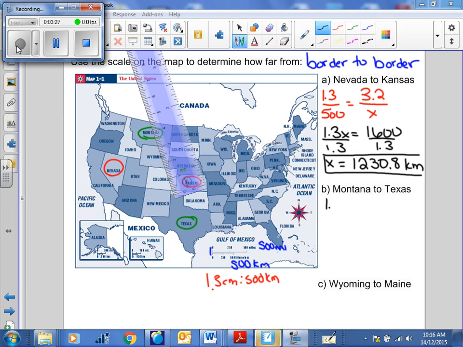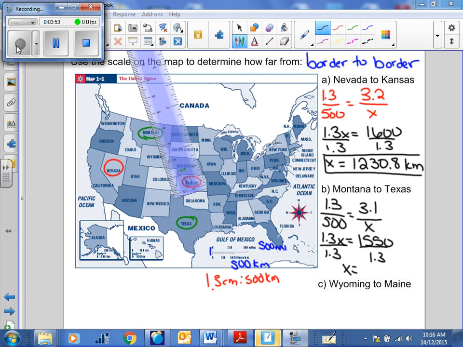So I do my same conversion, but now I put 3.1 with the centimeters, x on the bottom. And now I cross multiply. 1.3 times x is 1.3x. 500 multiplied by 3.1 is 1,550. Divide by 1.3. Divide by 1.3.